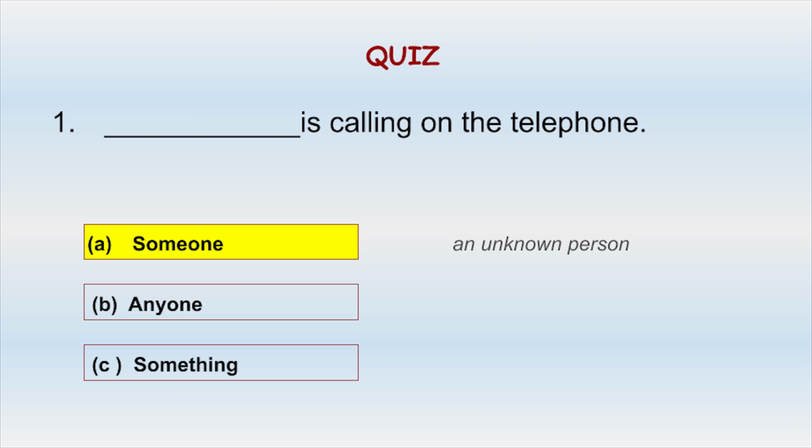We know that a person is calling on the telephone, but we do not know who is the person. Someone is a little more specific than anyone, which would be more appropriate if we were asking a question.